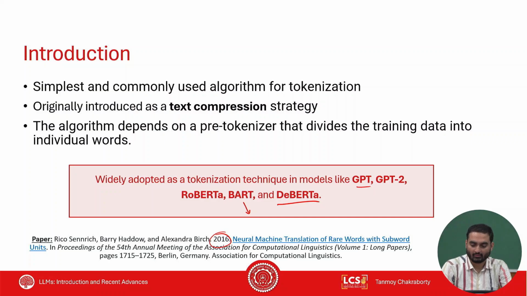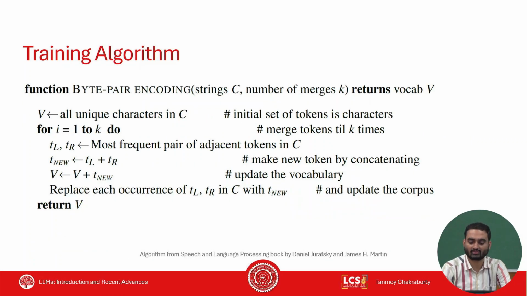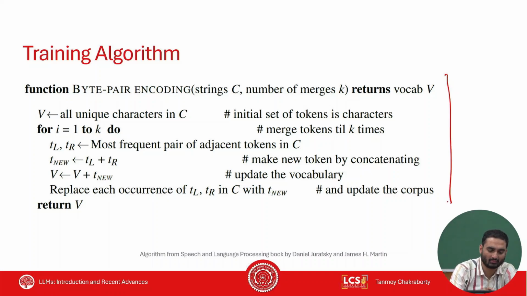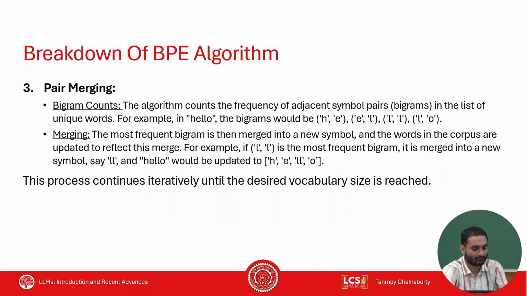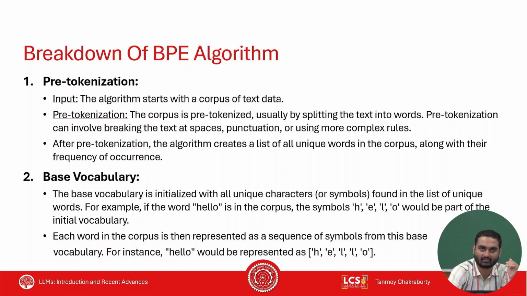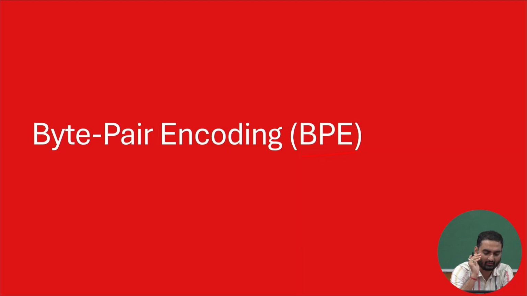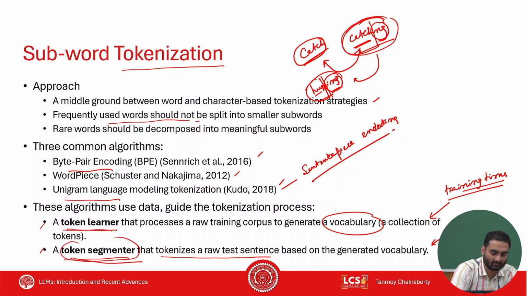So let's look at the algorithm. This is the algorithm. It's not very important. You will understand the algorithm once we describe the method, so let's look at the method first. Essentially there are three steps. Remember, as I mentioned earlier, you have two different modules: the token learner and the token segmenter.